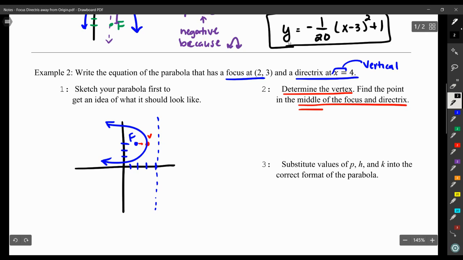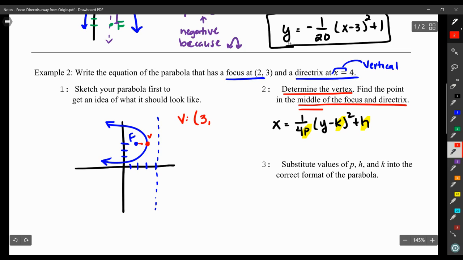Now I have plenty of information to figure out my equation. So because it's opening left, we're going to use the x equals 1 over 4p times y minus k squared plus h format. And again, all I need is the value of p, k, and h. Well, h and k I already have. We already found the vertex, and here's the vertex. So let's write out the coordinates of my vertex.